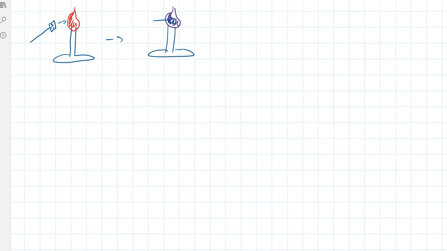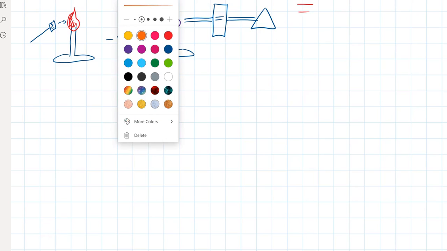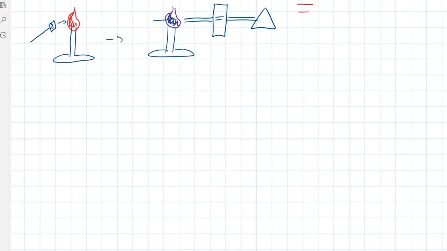So what happens is when they took a look at the light that came off of this, they took the light from this flame and passed it through a narrow slit, so we would see our beam of light coming off in a very focused way, and passed it through a prism. What ended up happening is we would see these unique lines of all kinds of different colors.